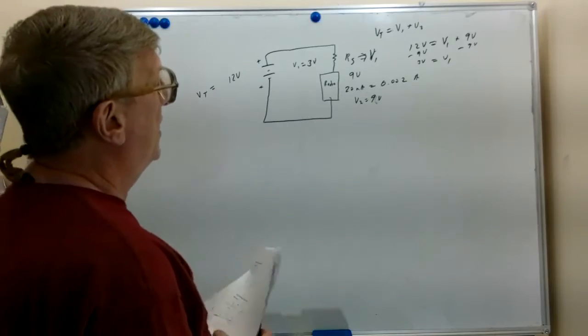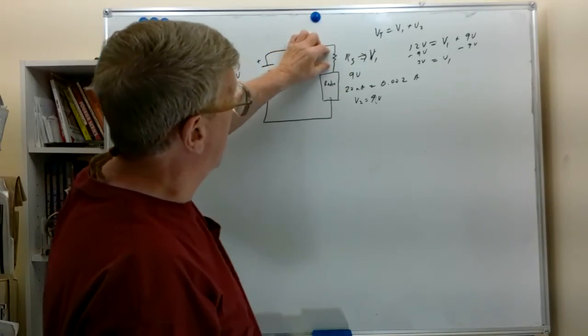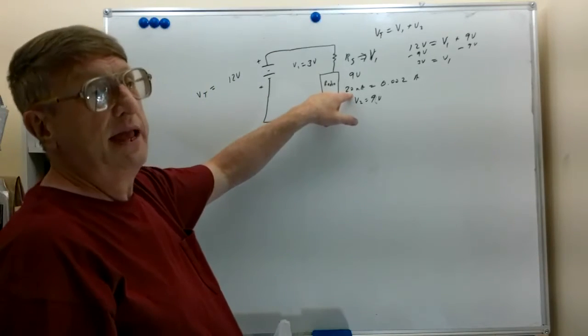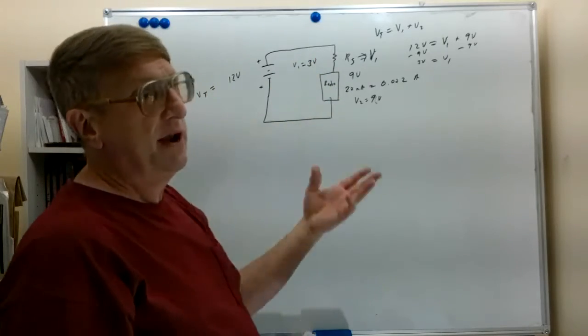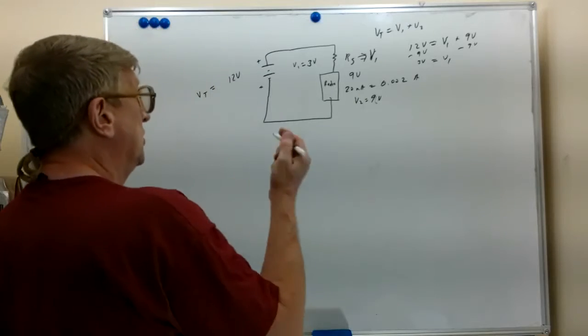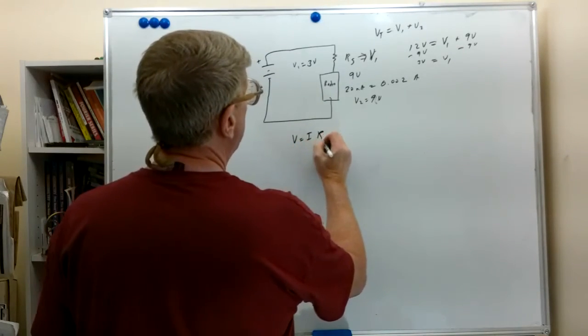So what we need to figure out is what value of resistor we need to have an IR drop of 3 volts when the radio is drawing the 20 milliamps that it takes to operate. That will leave the other 9 volts to run the radio as it should be. So we'll remember that V equals IR.